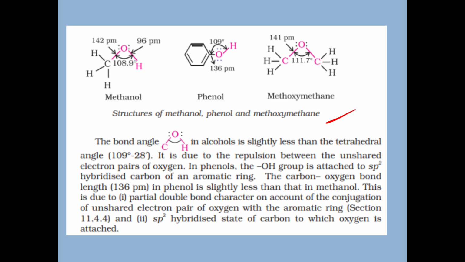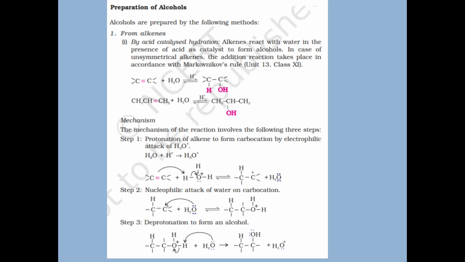This is due to partial double bond character on account of the conjugation of the unshared electron pair of oxygen with the aromatic ring, and second, the sp2 hybridized state of the carbon to which oxygen is attached.